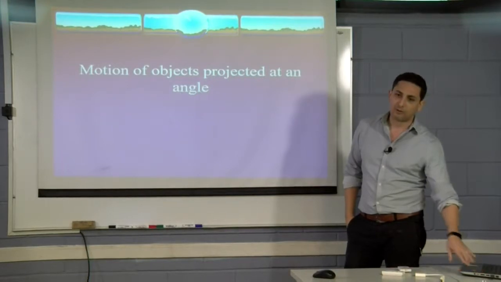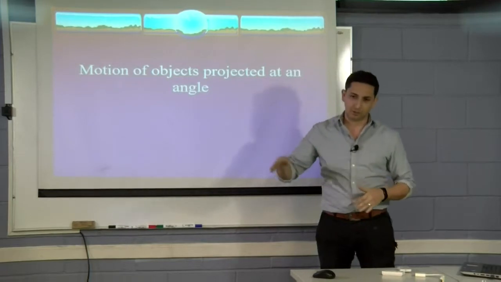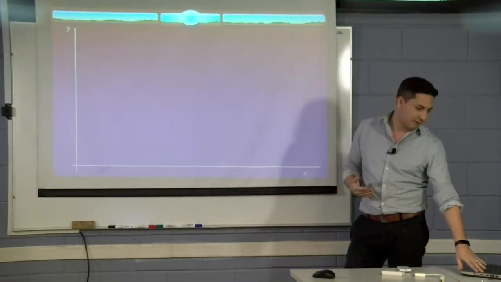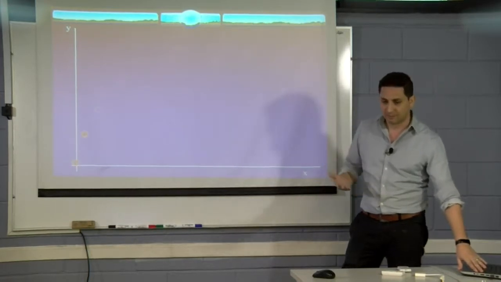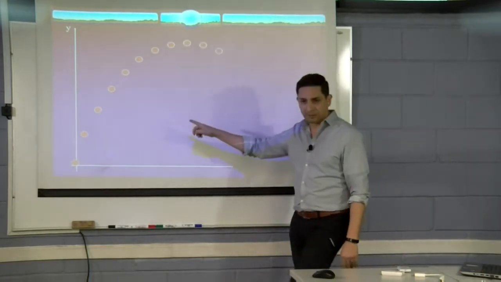In other words, parabolic motion is the motion of objects projected at an angle, as I told you before. And this is a graphic that I'm going to show you so you can see the movement of any object that you throw at an angle at the beginning.